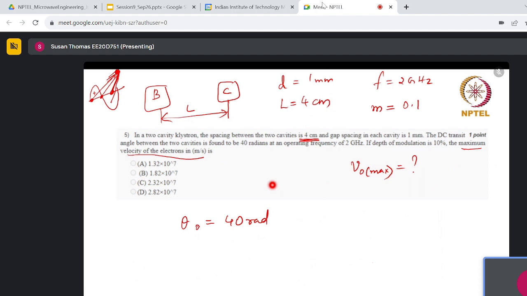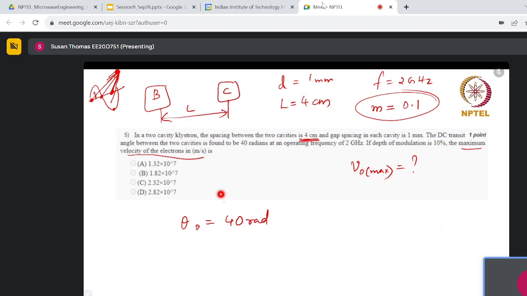One is the same velocity, another is maximum velocity which happens in the positive cycle, and the other is minimum velocity which happens at the negative cycle. So V naught max is about the positive cycle. In the positive cycle, what is the maximum velocity of electrons? To answer that question, we should know the modulation index and the velocity of electrons. So how to take it?